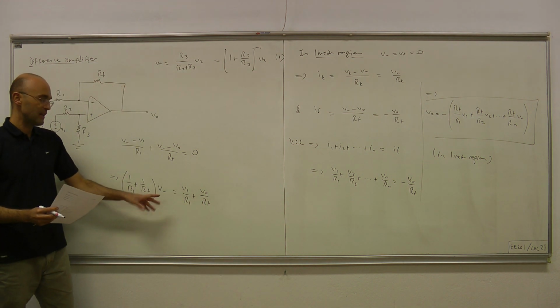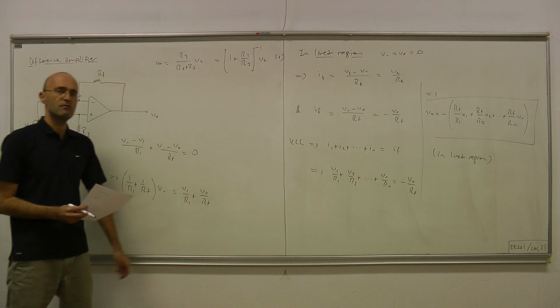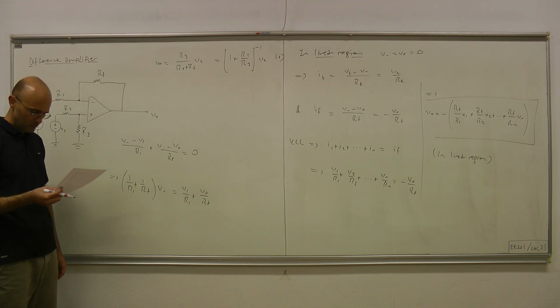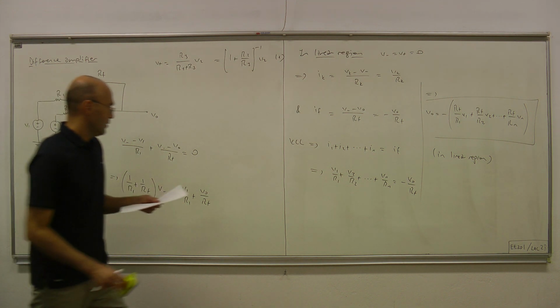So that's the relation that ties V minus to V1 and V out.